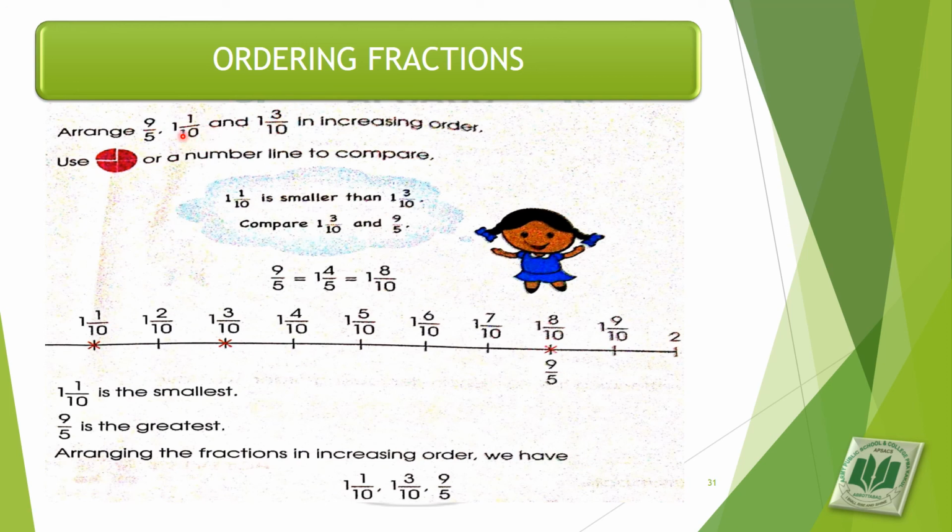You can see that the whole parts are same. So we have to consider 1 by 10 and 3 by 10. Here numerator is 1 and here numerator is 3. Now 1 is less than 3, so 1 whole 1 by 10 is smaller than 1 whole 3 by 10.